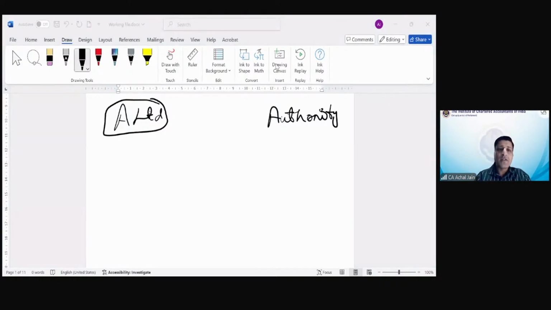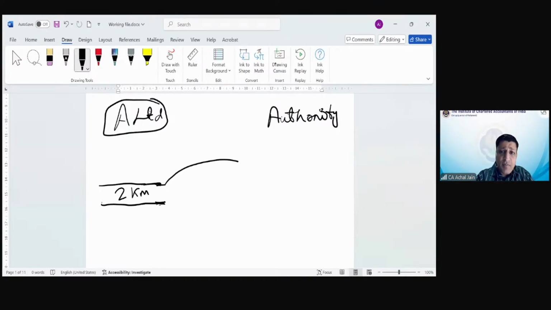So let's try to understand that. Say, for example, a road is required to be constructed. There will be a stretch of road for 2 kilometers. Let's suppose after that, there will be a flyover, for 1 kilometer.